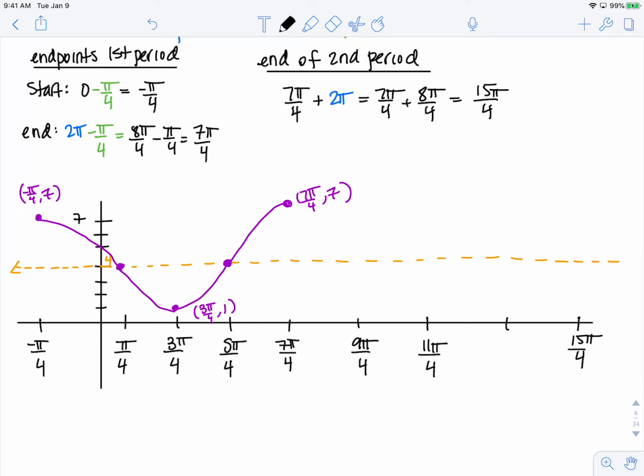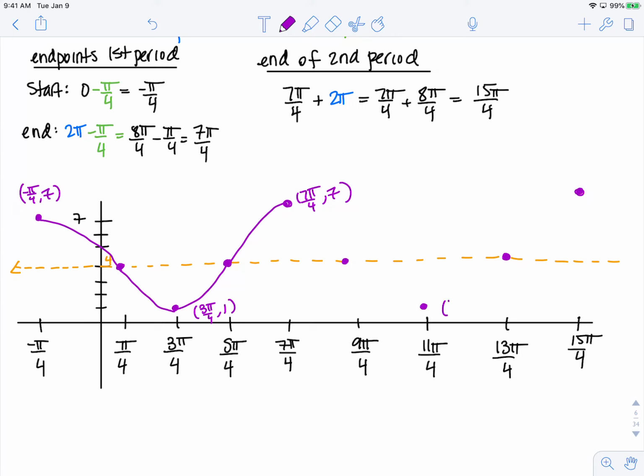Here, this is 26 pi over 4 over 2, 26 pi over 8, 13 pi over 4. So I don't expect you to show the work that I showed in the last video. So now I'm going back down to 0, here to my minimum, back up to my 0 here, and up here.